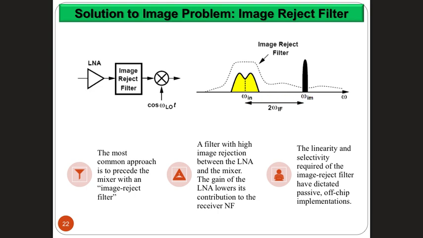So if you use a high IF value, this means that this distance is longer, which means that this filter is easier to design. But the problem is high IF value means that still in your intermediate frequency, getting a channel selection filter with high quality is going to be a challenge because you will need high quality channel selection filter.